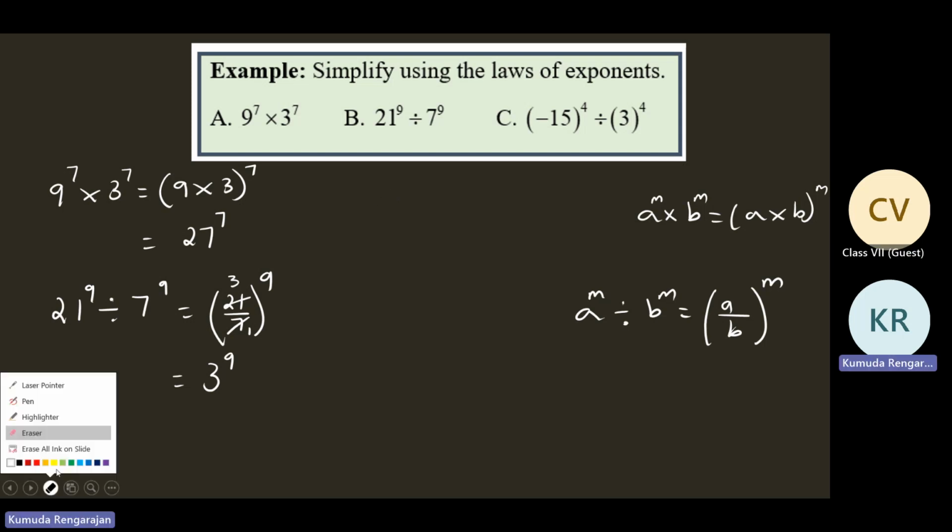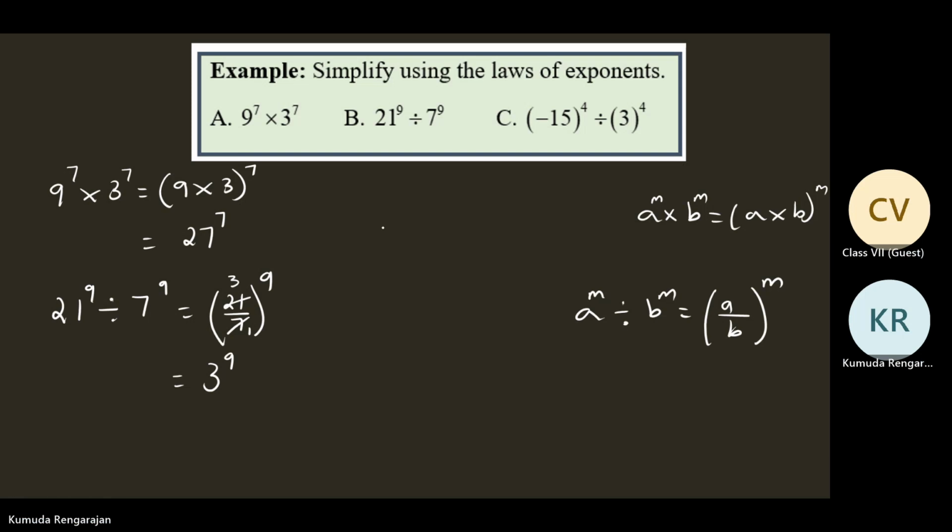Okay, so C. According to the rule, what is the result? Is equal to bracket minus 15 divided by 3, whole raised to the power 4.